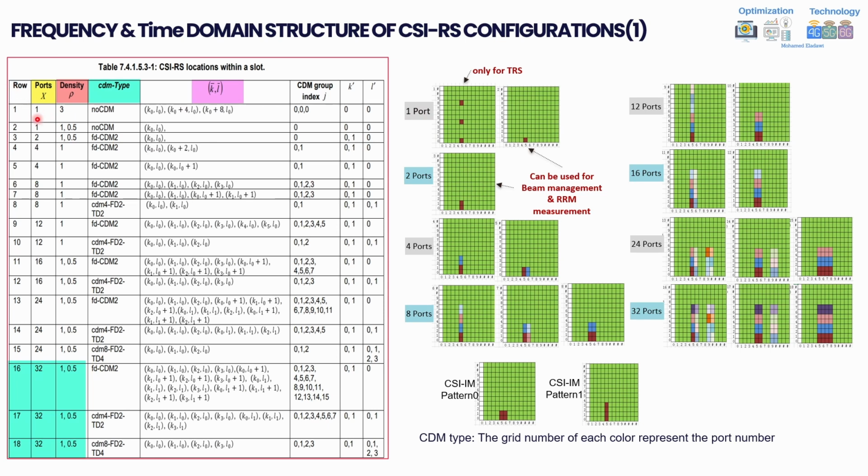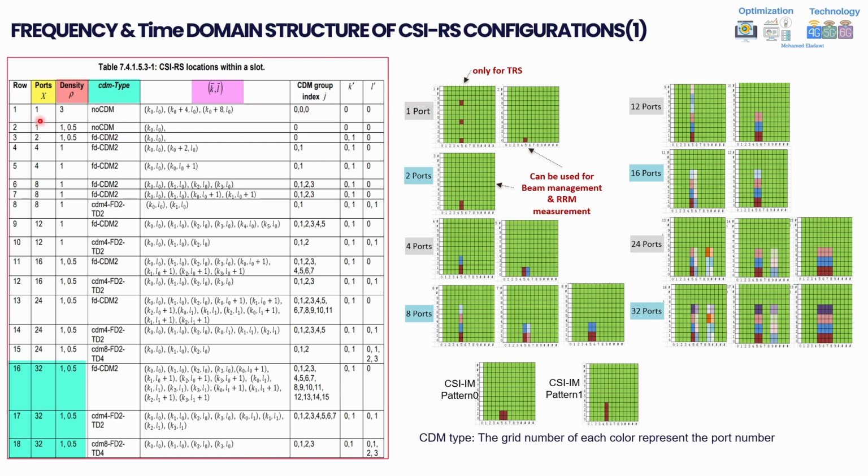For example, here you have port 1 and a density of 3. The first one is mainly used for the TRS, the tracking reference signal. And here are all the different combinations. As I mentioned, you have from 1 to 18, and each one has a different number of ports. For example, the first one, with a single port, is used only for the tracking reference signal.